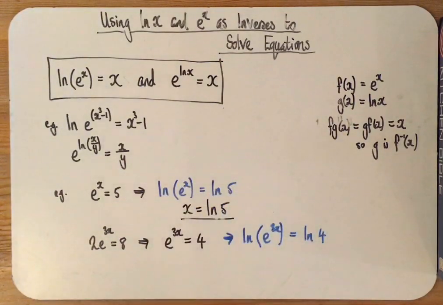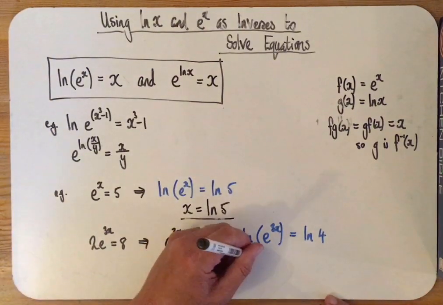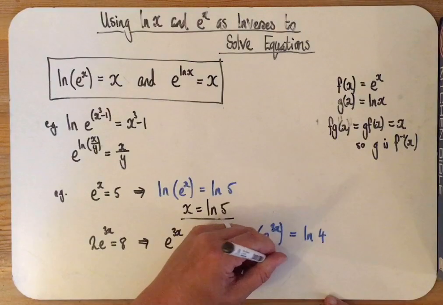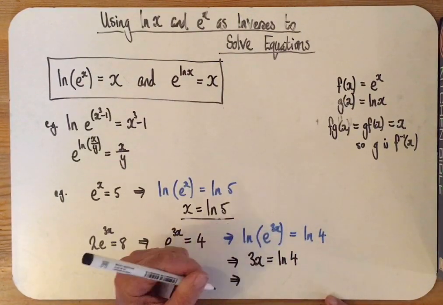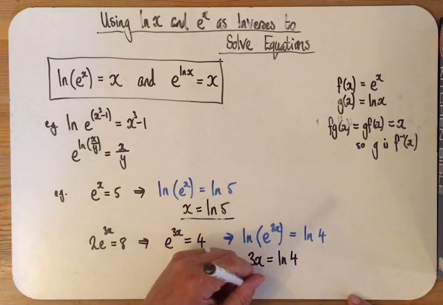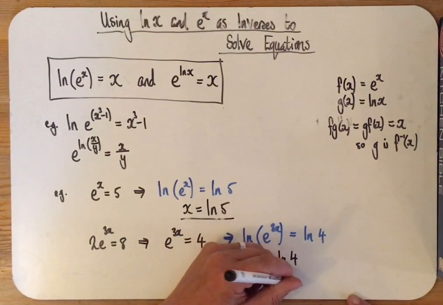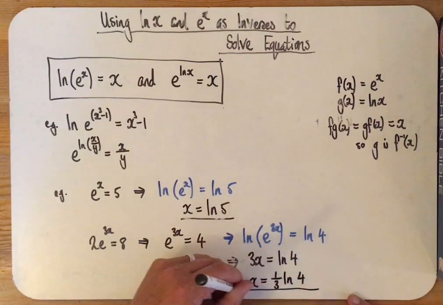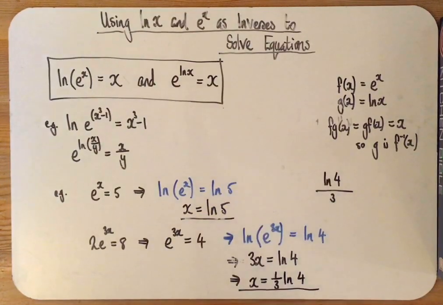So you're taking natural logarithms of both sides, and so 3x is ln 4, and in pure maths, most of the time we leave our answers in exact form, so x is a third ln 4, or ln 4 over 3. But it would be ln 4 all over 3, not ln of 4/3. So just be a little bit careful with what you're doing.